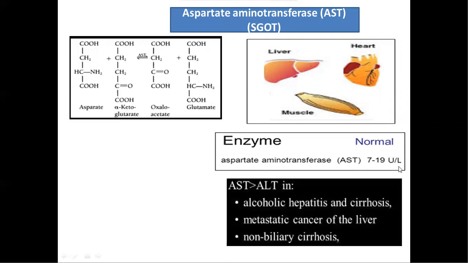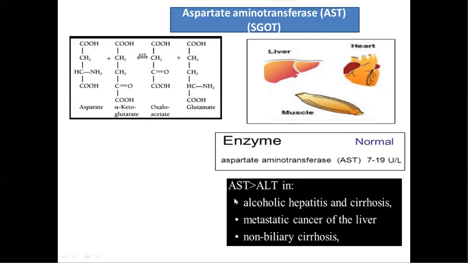When AST levels are elevated, it indicates diseases like chronic hepatitis. When AST levels are increased up to 4 times the normal concentration, it indicates chronic hepatitis. If it is 10 times, then it indicates acute hepatitis.